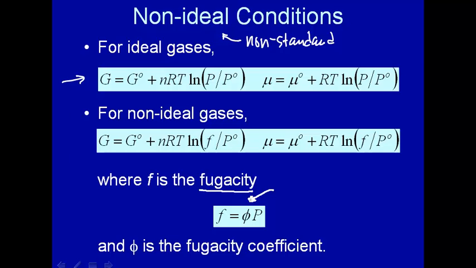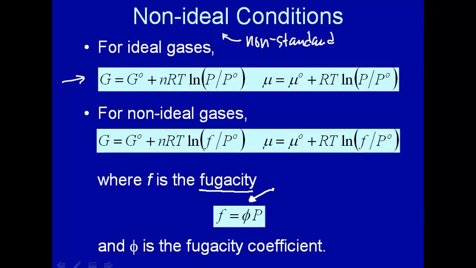This is the symbol phi. What phi does is correct the pressure so that you can use fugacity in here. So it's as if you're using the ideal gas equation, but with a correction factor to take into account that the gas is non-ideal. This sort of corrects it back to what it would be if it were ideal, and you can use the ideal gas equation.